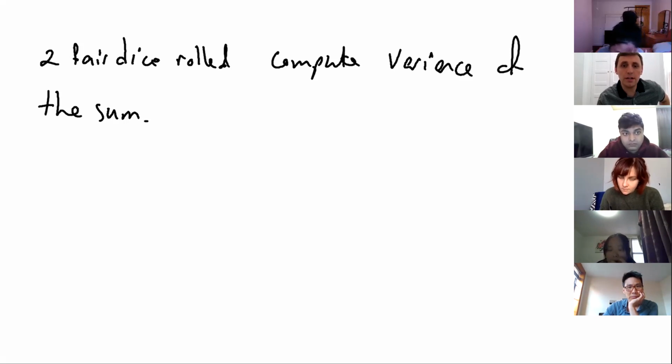We're calculating the variance, right? So you can calculate anything else that you find useful for that calculation, Jennifer. We're calculating the variance of the sum of the dice.